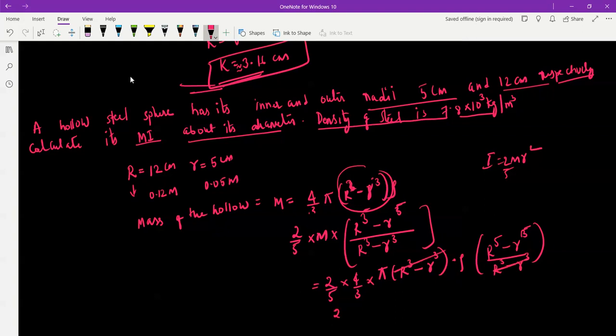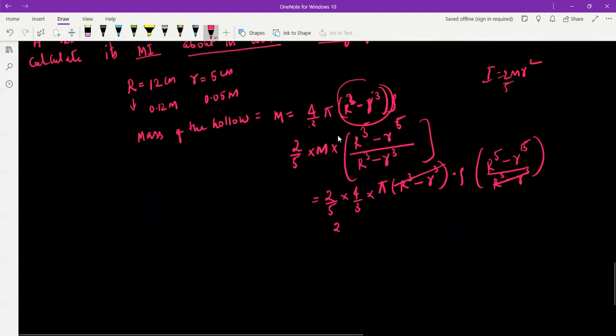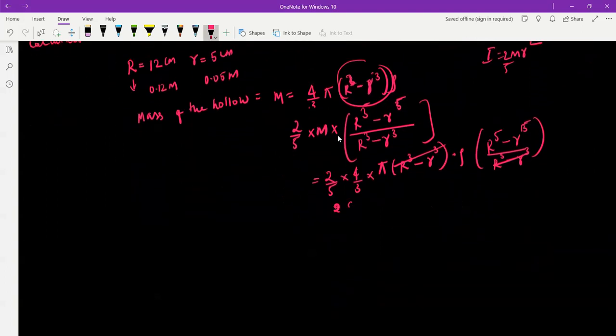So that is 2 by 5 here. 2 fours are 8, 5 threes are 15. 8 by 15 into 22 by 7 into rho. So how much density have they given? Rho is 7.8 into 10 to the power 3 kg per meter cube.